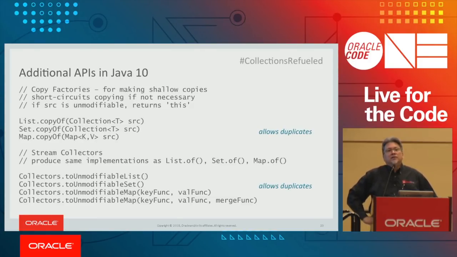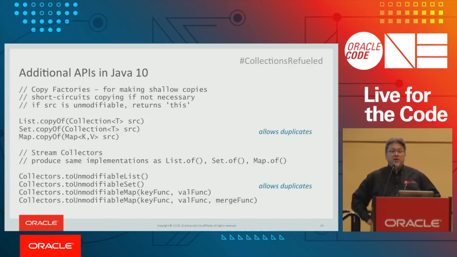Now, in fact, I'd encourage doing that. But that raises the question of, won't we be making a bunch of redundant copies? What if my caller has also adopted these unmodifiable data structures? Well, it turns out we designed it this way, of course. If you have an unmodifiable data structure and you call copyOf on it, it just returns the same object, because it's unmodifiable, so there is no penalty for sharing.